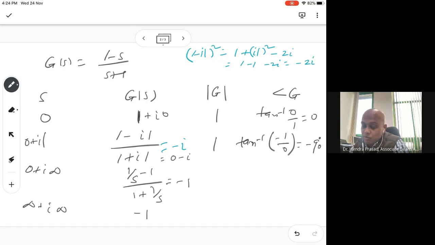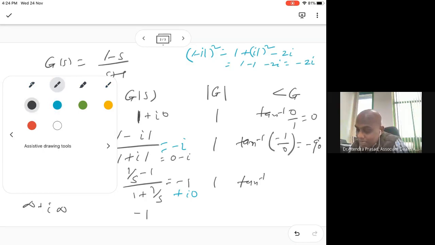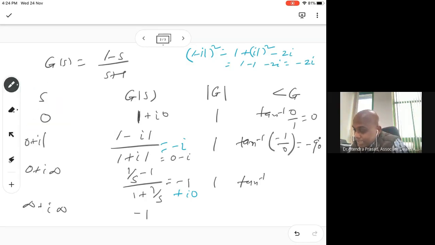Okay, what about this? This is minus 1, and here the magnitude is 1. Okay, and what is the value of this? We have tan inverse, and what we have is minus 1 plus 0I, right? So this really means minus 1 plus I0, and hence what is the angle? The angle is tan inverse of 0 divided by minus 1.